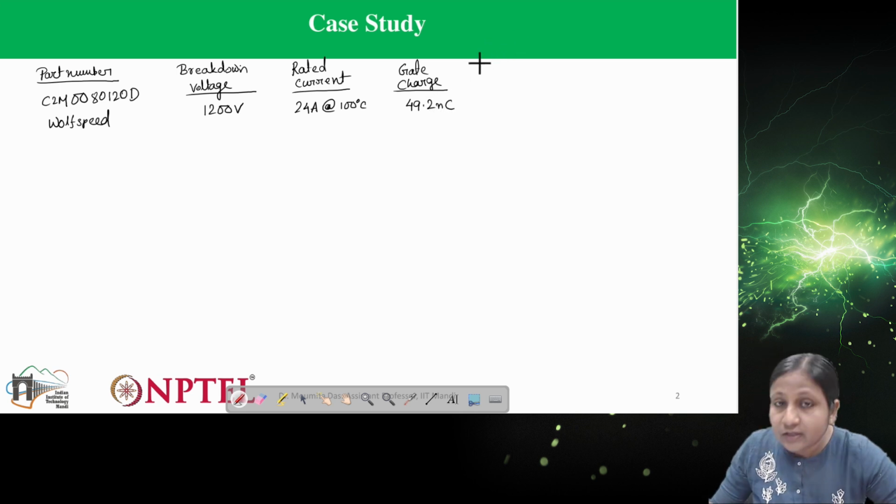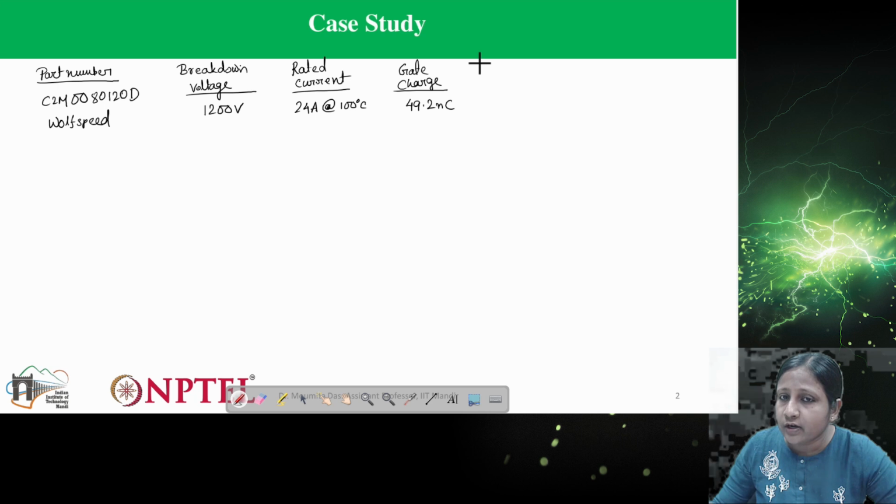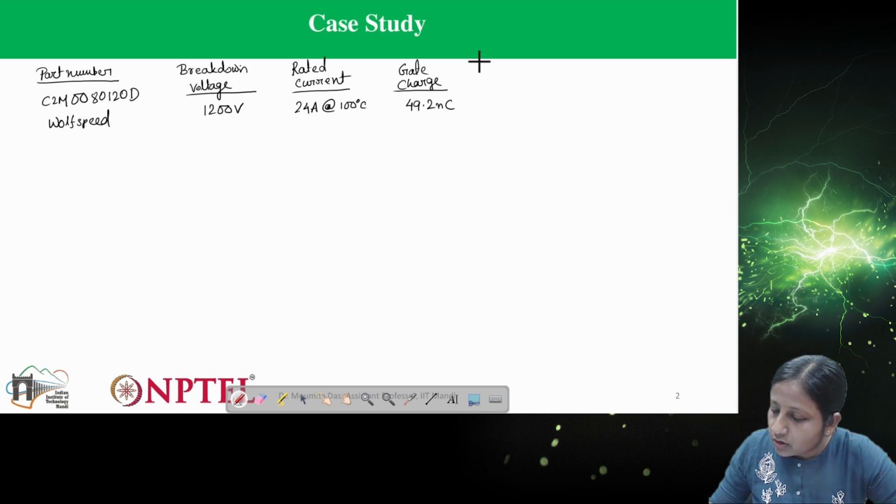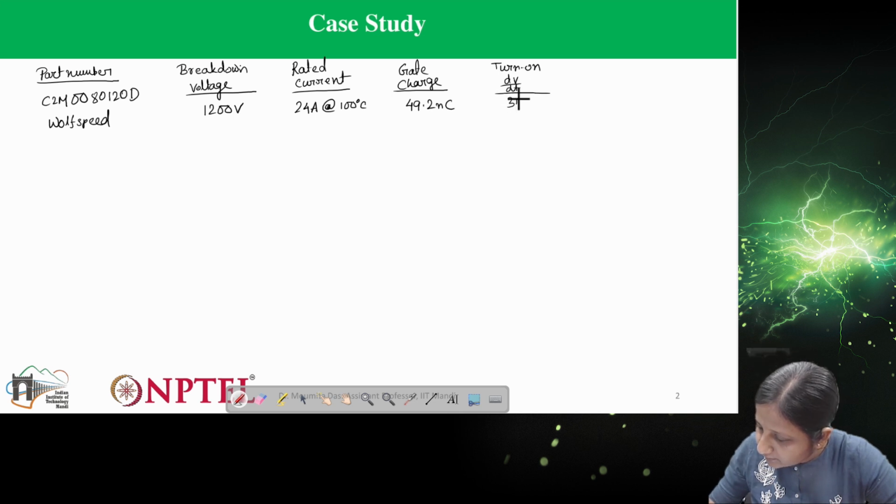Then what is required for common mode transient immunity is the turn on and turn off dv/dt. The turn on dv/dt is 35 volts per nanosecond.